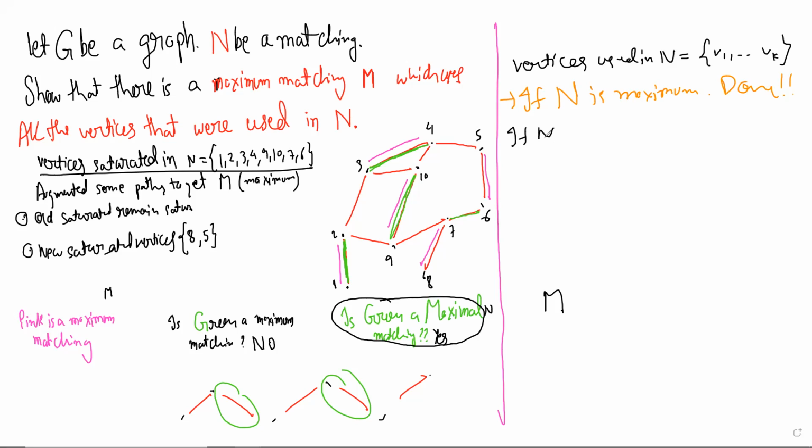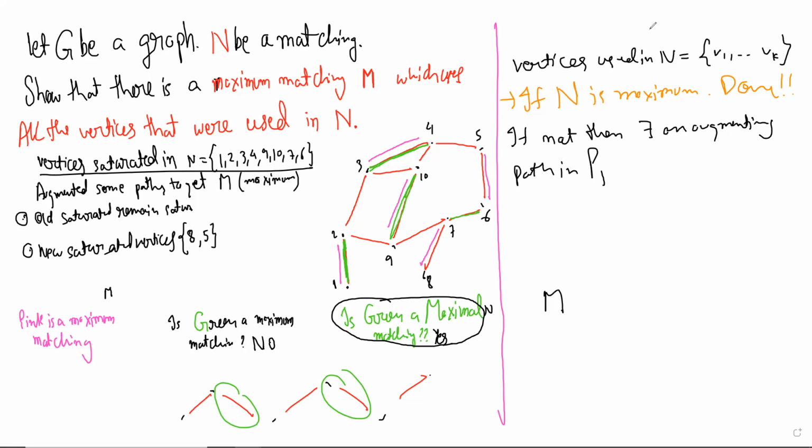If not, then there exists an augmenting path. This was the critical thing that we proved, that if something is not maximum, then there is a very simple path in it which will tell you the story. There will be an augmenting path. That is the thing. We had shown this last time by comparing it with a maximum matching and uncovering an augmenting path, right?